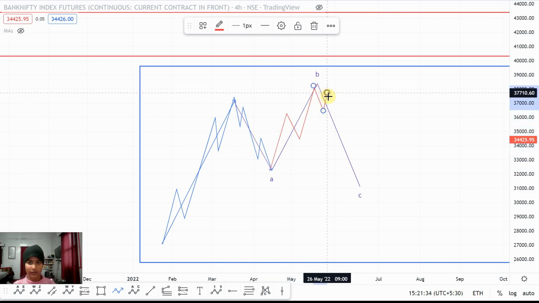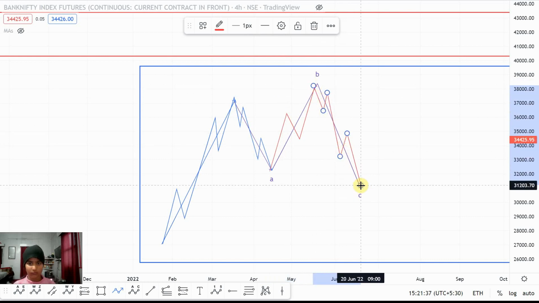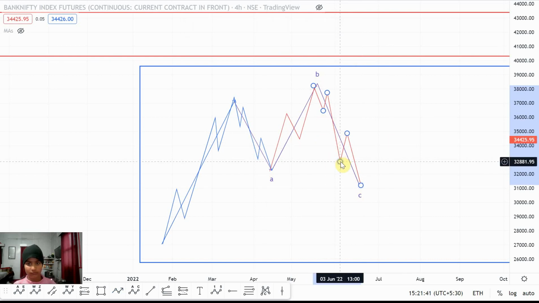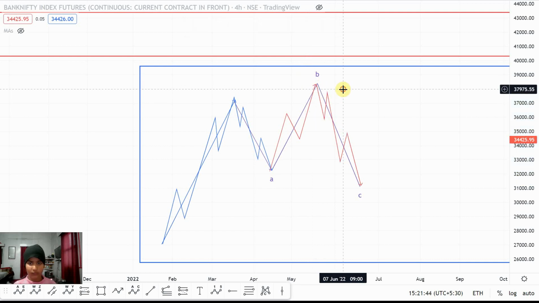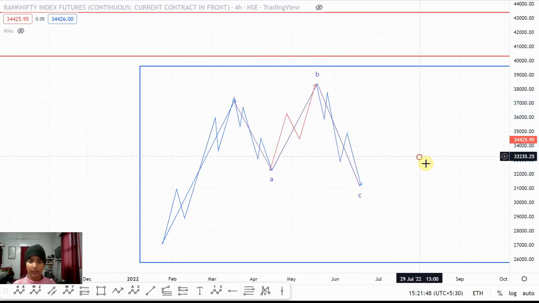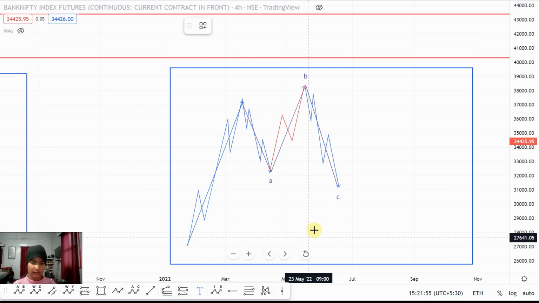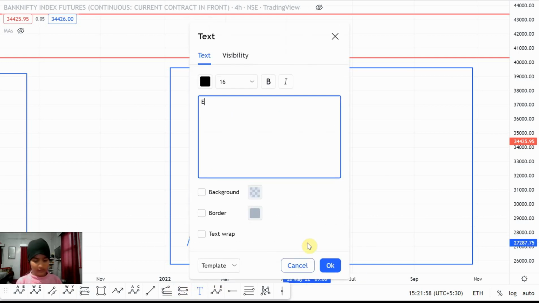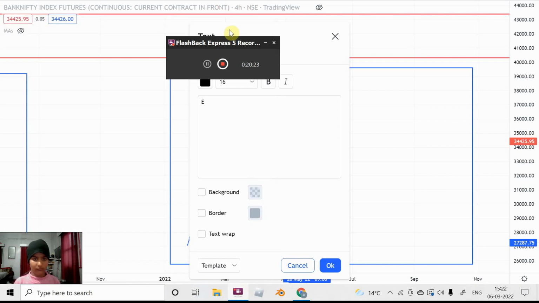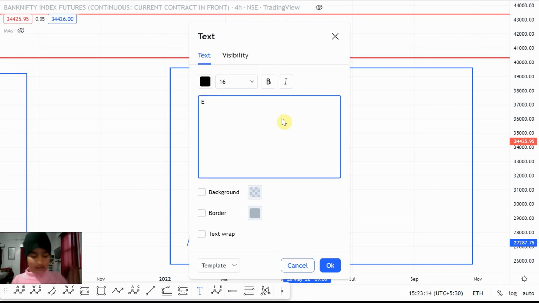Red and we'll color that blue. So this is our expanded flat. The second name is also irregular flat.